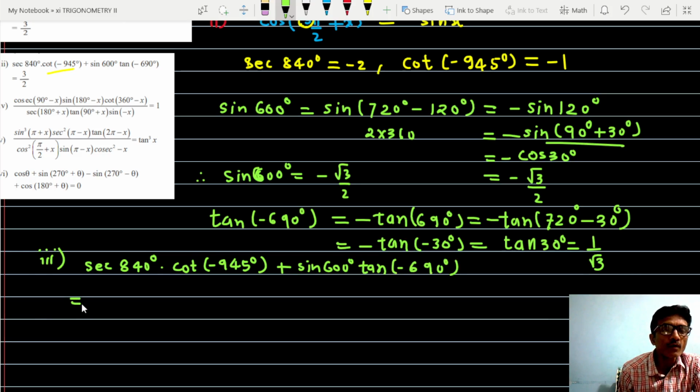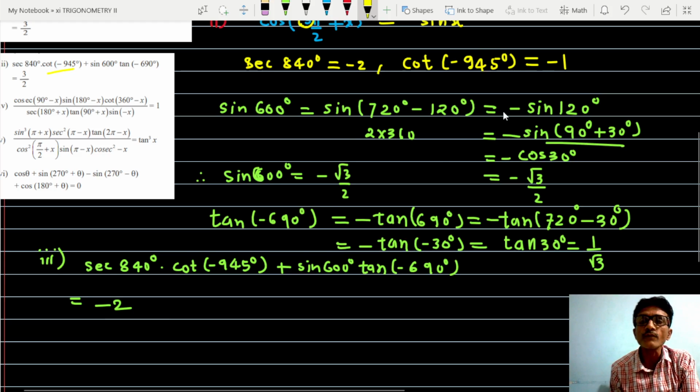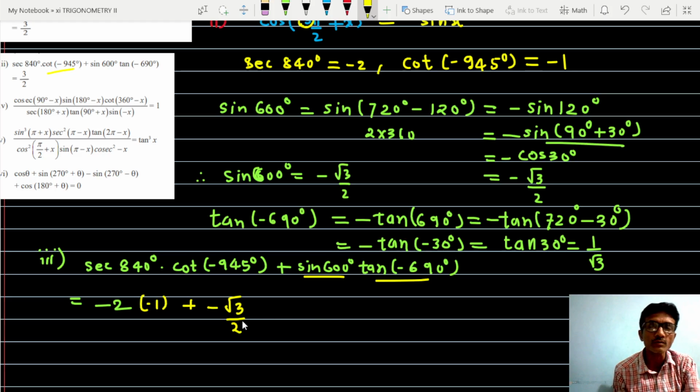What is sec of 840 degree? It is minus 2, into cot of minus 945 degree, which is minus 1, plus sine of 600 degree, which is minus root 3 by 2, and tan of minus 690 degree is 1 upon root 3.